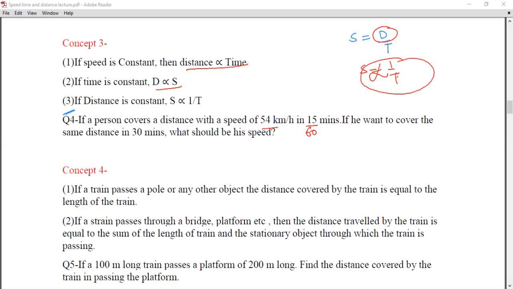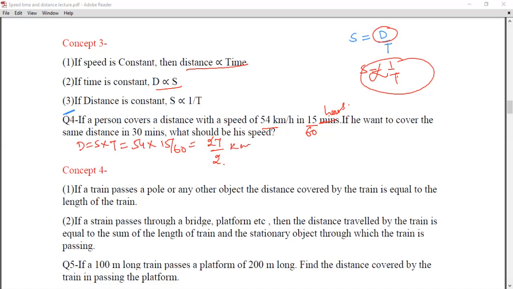So the time is 15 by 60 hours, and the speed is 54 kilometers per hour. From this, we can find the distance. Distance is equal to speed into time, so 54 into 15 by 60, that is 27 over 2 kilometers.